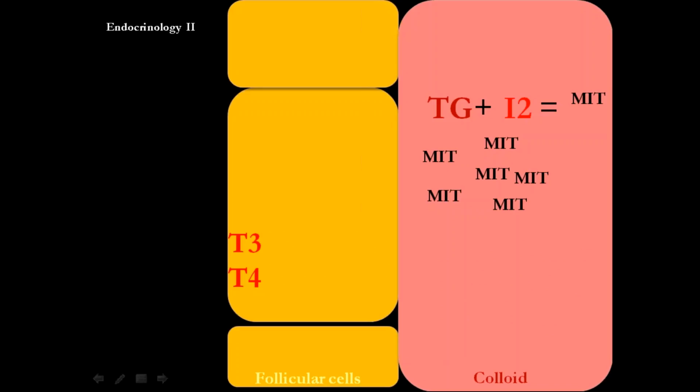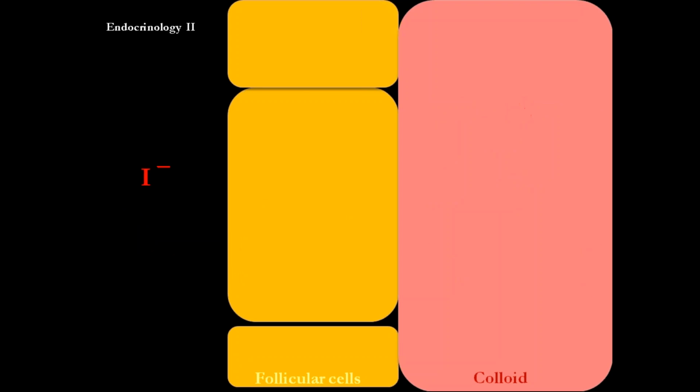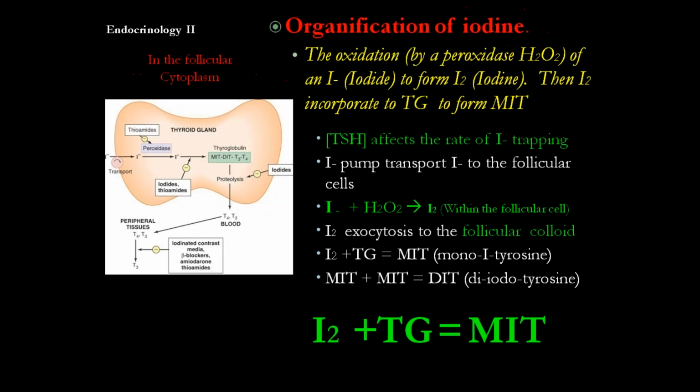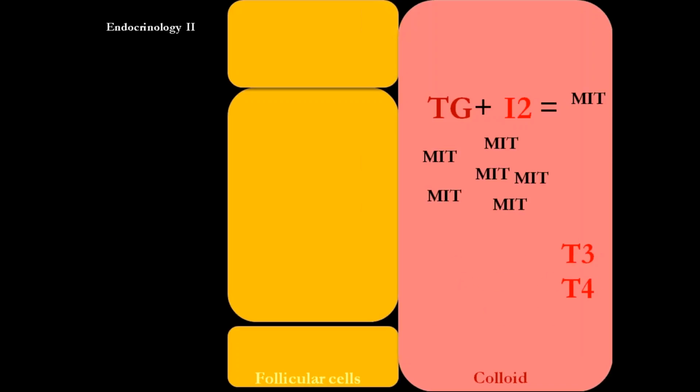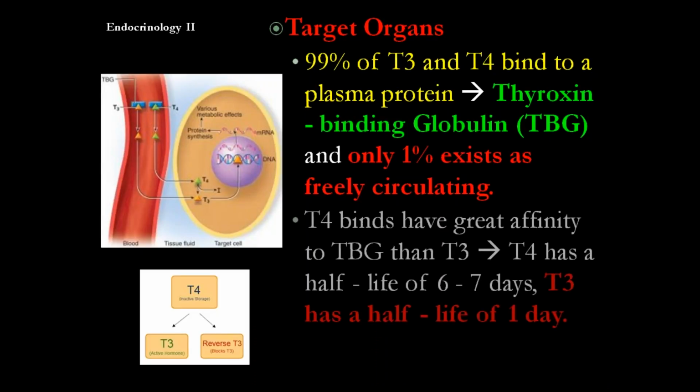From the follicular cell, they are going to go out into the circulatory system. All right, so that is about the formation. So just remember, we have the organization and the coupling, oxidative coupling, that are important components of the formation of T3 and T4.